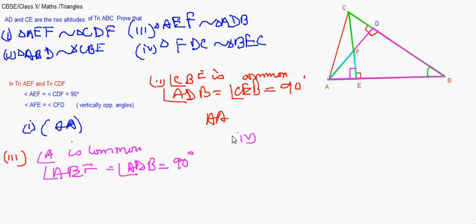Now move on to number 4. It is FDC, the small one, with BEC. They're the big one, this one and the big one there. In that case also, similar to the previous one, angle C is common, and angle FDC is equal to angle BEC.